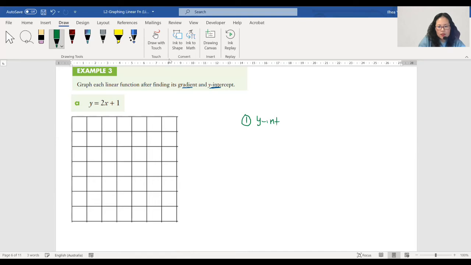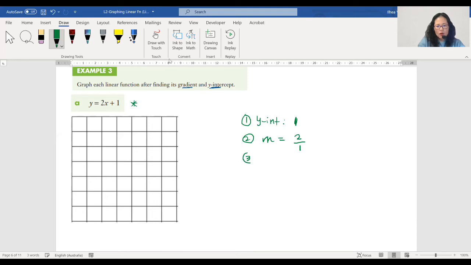That's where we're going to start sketching it. The y-intercept from this linear function is 1. And then my gradient, I'm going to put it as a little m, is 2, but I'm going to call it 2 over 1 because rise over run.